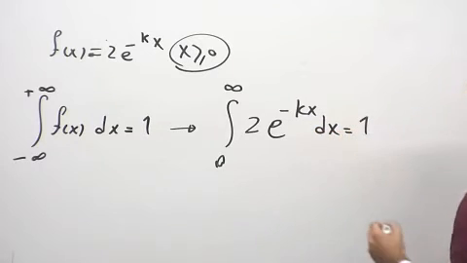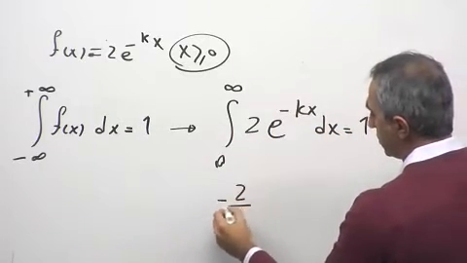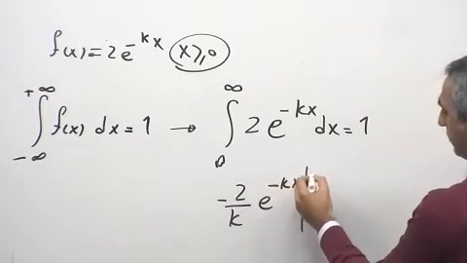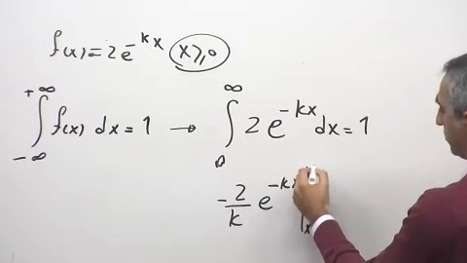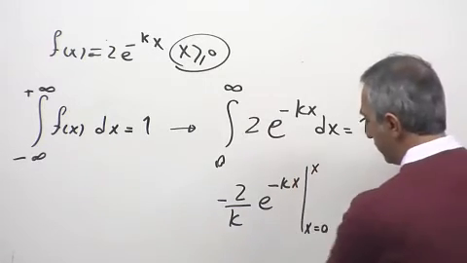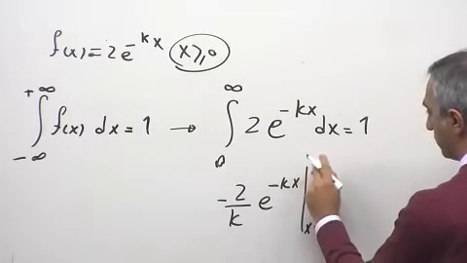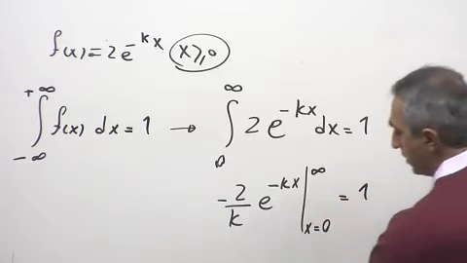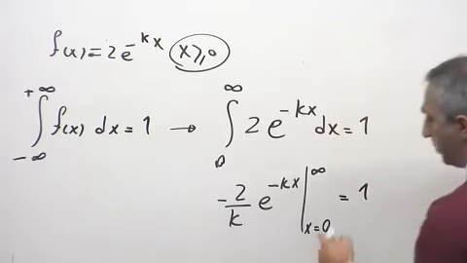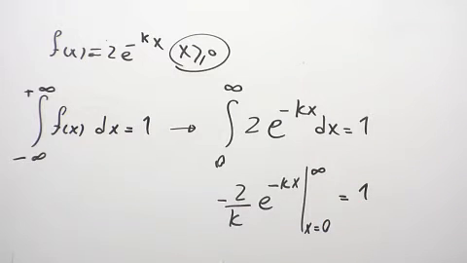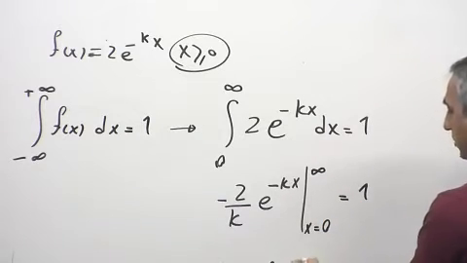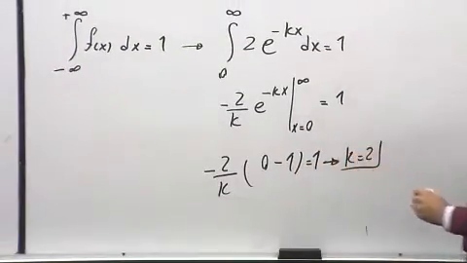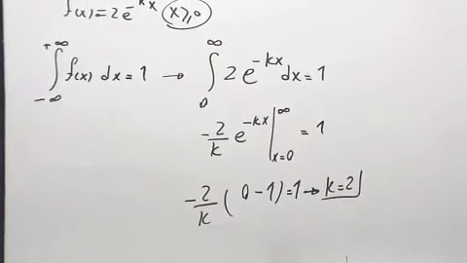And this should be equal to 1. We do the integration, which gives us this, evaluated from 0 to infinity. This should be equal to 1. And if you plug in infinity here, it would be what? 0, and minus minus 1 equals 1. Therefore, your k is equal to 2. Okay? That easy.